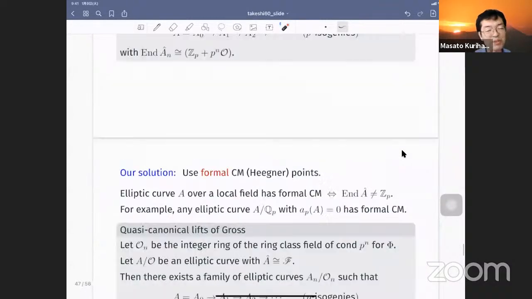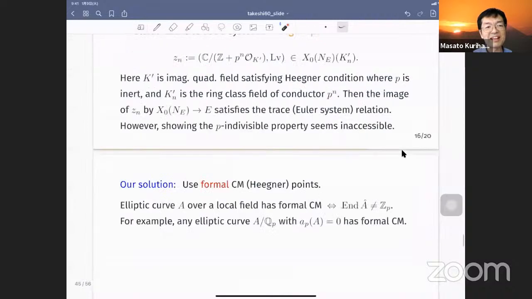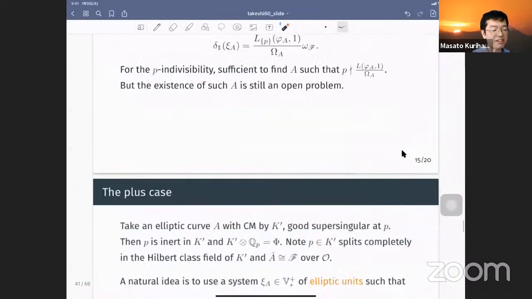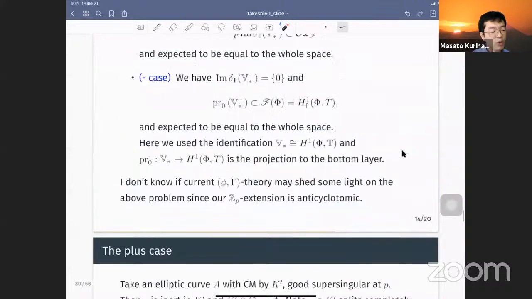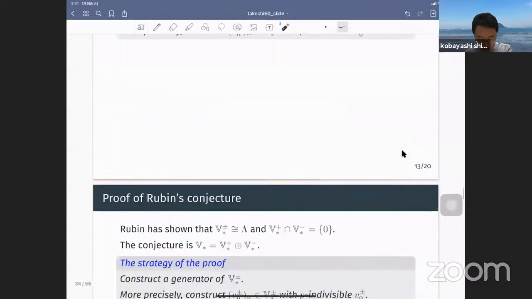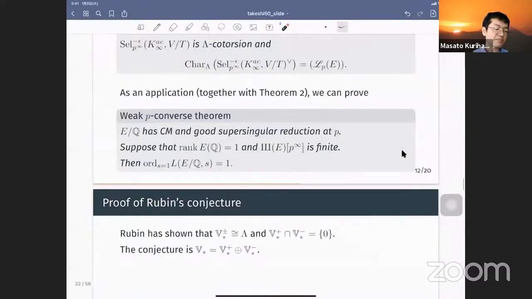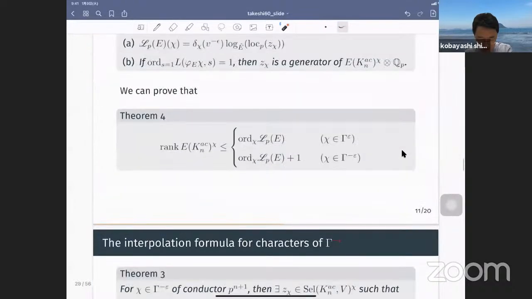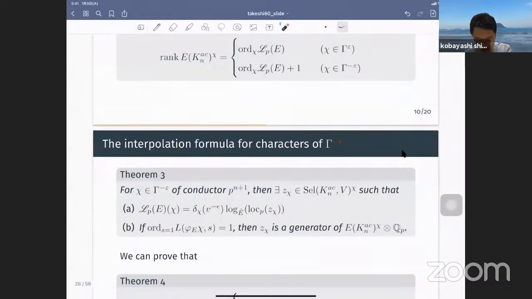At first you explained the growth of the Mordell-Weil groups. Actually, for example, we can show Greenberg's formula by using z_chi.